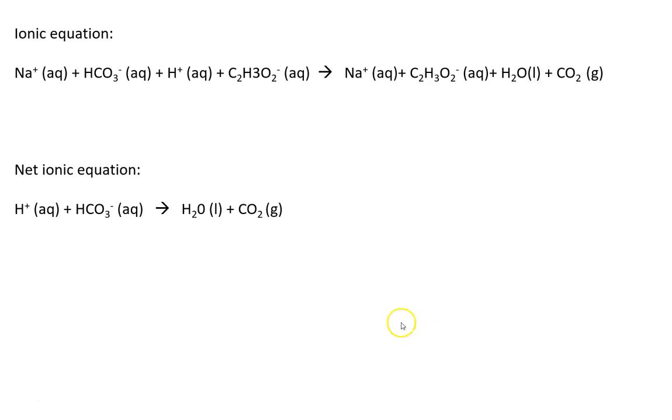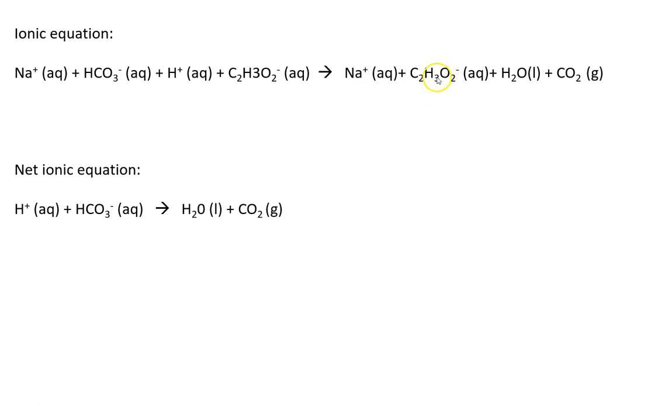So for the net ionic equation, when these two are in an aqueous solution, we have the positive sodium ions, the negative bicarbonate ion, the positive hydrogen ion, and then the acetate ion, and that turns into sodium aqueous.